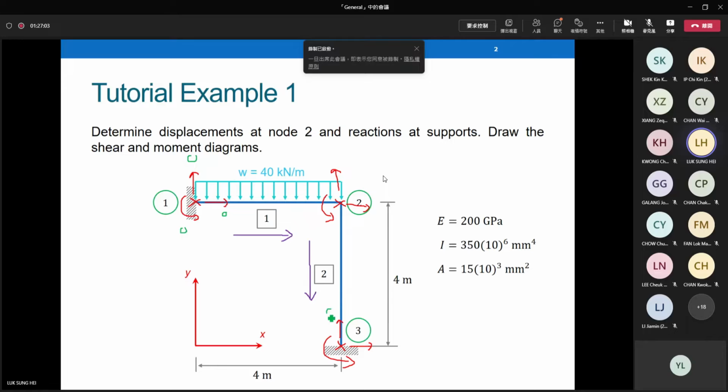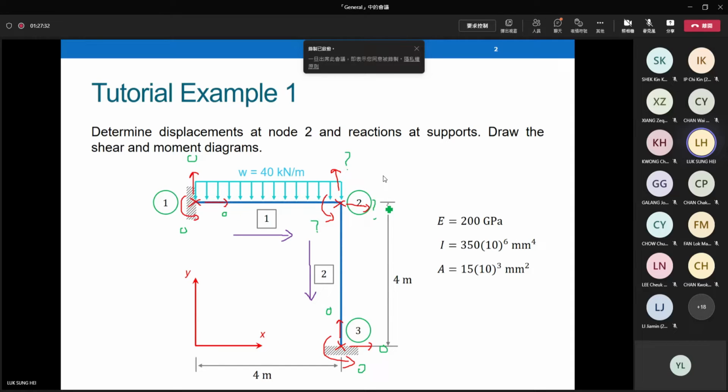At the other fixed end, we have no movement, no rotation. Free end is also easy. Free end means free to move, free to rotate, so you will probably see 3 question marks here. We have 6 zeros and 3 question marks. You can start to assign code number at node 2 first, and then assign the code number for the remaining arrows.